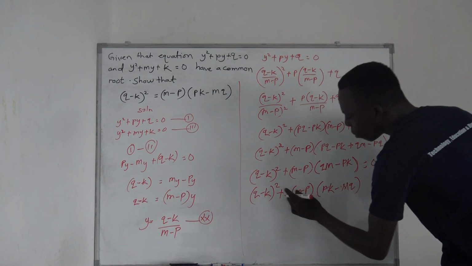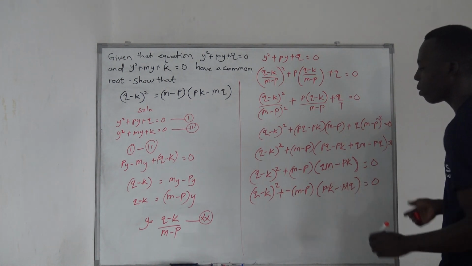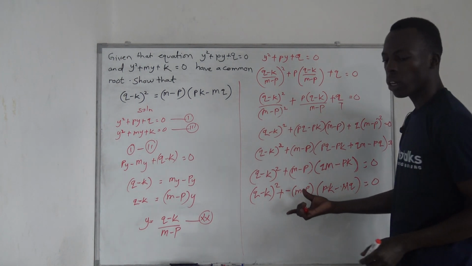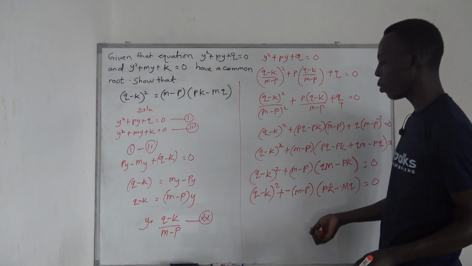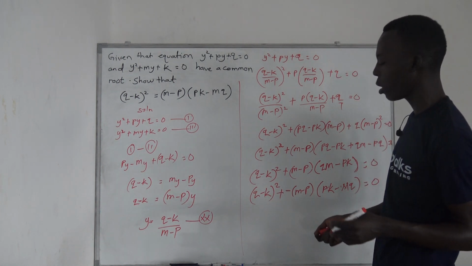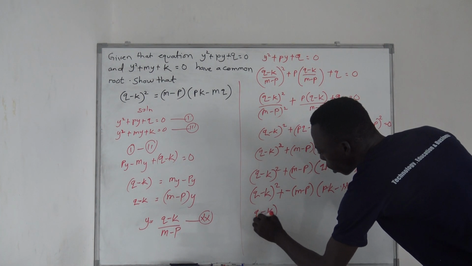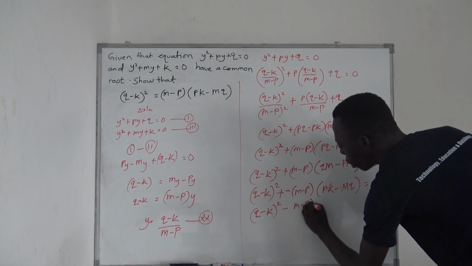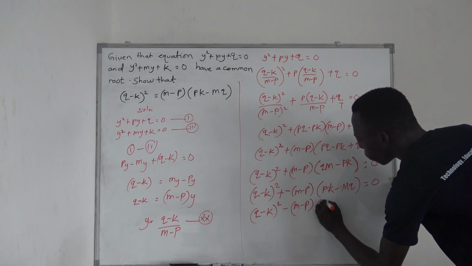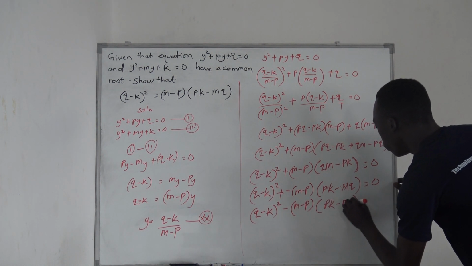Now what I do, equals 0. Since when you add a positive plus a positive, or when you multiply a positive and a negative, or when you add the negative and positive, you get a negative, I'll have that my q minus k, the whole thing squared, then minus m minus p, then times pk minus mq equals 0.